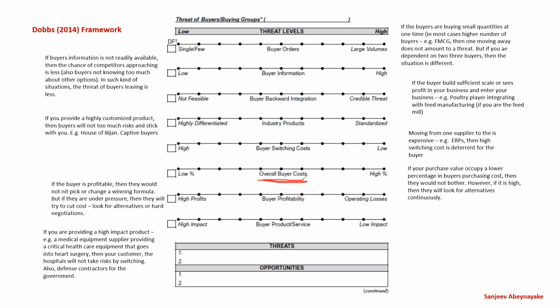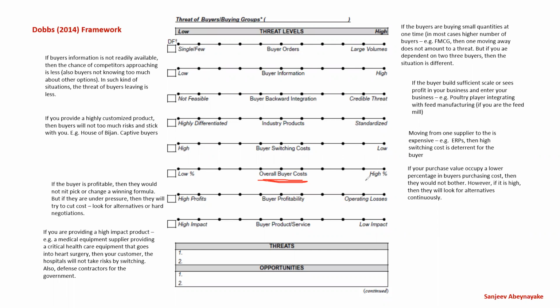Let's say that you are a car manufacturer, and 60% of your cost is steel, for argument's sake. Then 60% is such a big item of your cost base, you will try your level best to reduce it. You will always try to reduce that cost base. Because it's such a big item, they will always go around shopping.